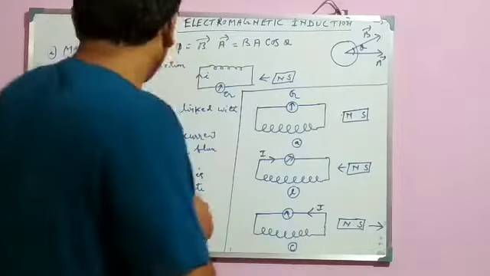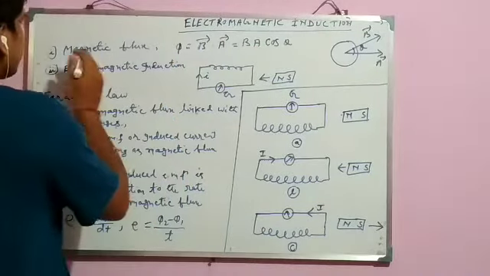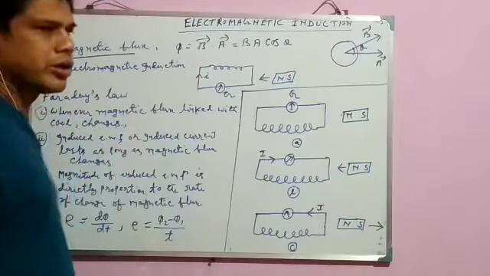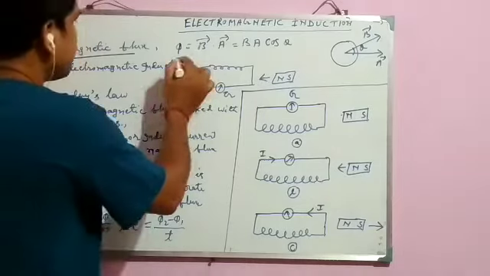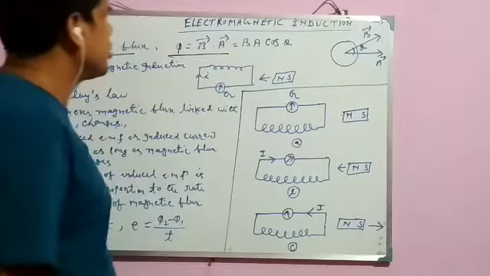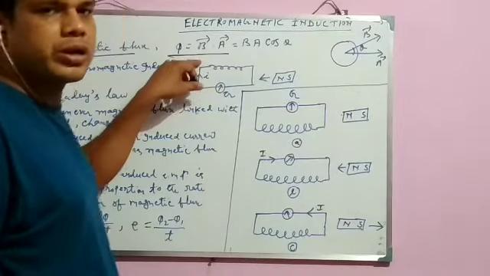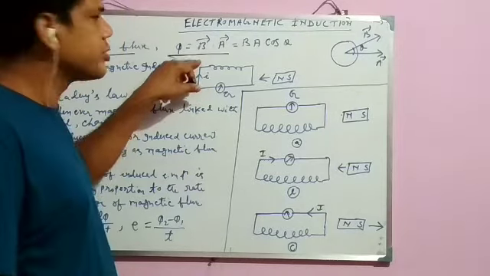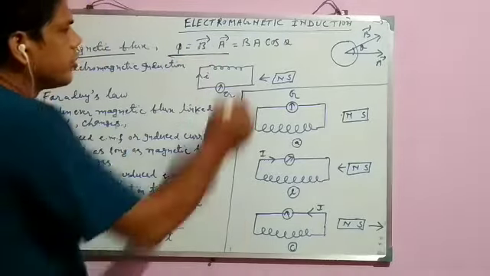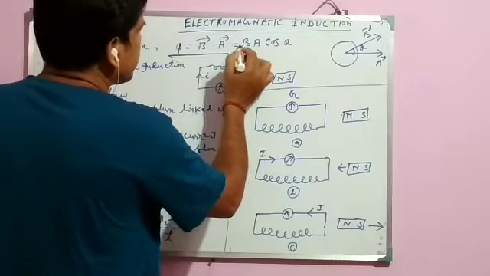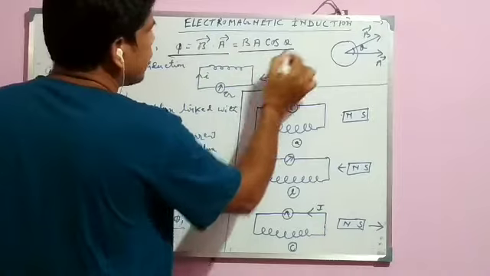So magnetic flux is generally denoted by the letter phi. The formula is phi equal to vector B dot vector A. Vector B is the magnetic field and A is the area vector. So it is a dot product, and according to the dot product, phi equals BA cos theta.